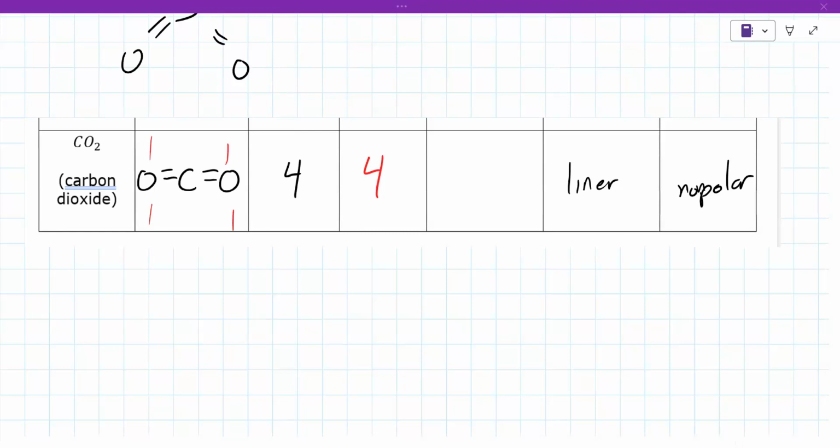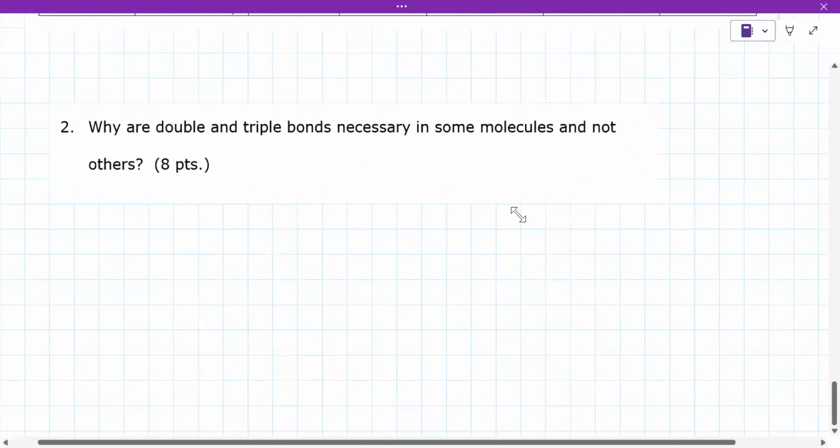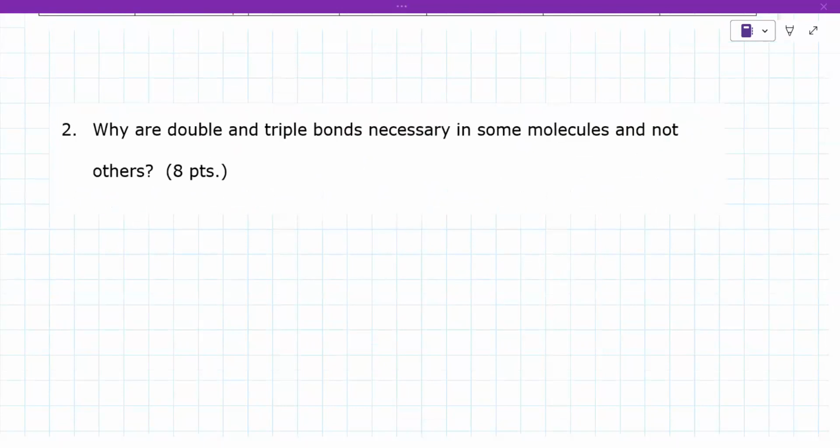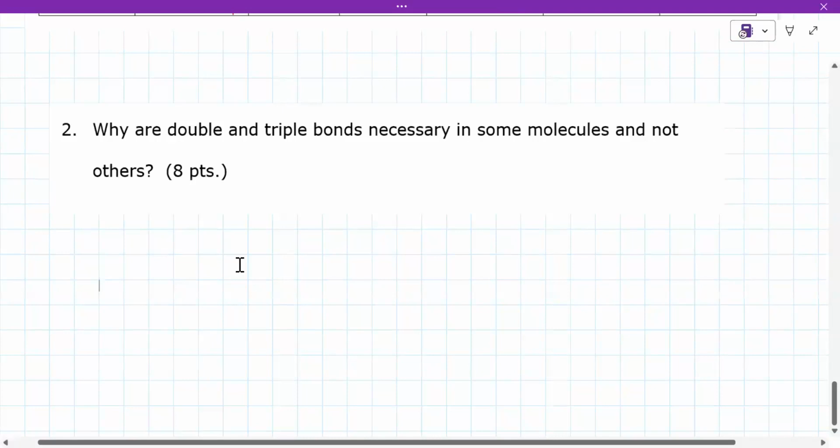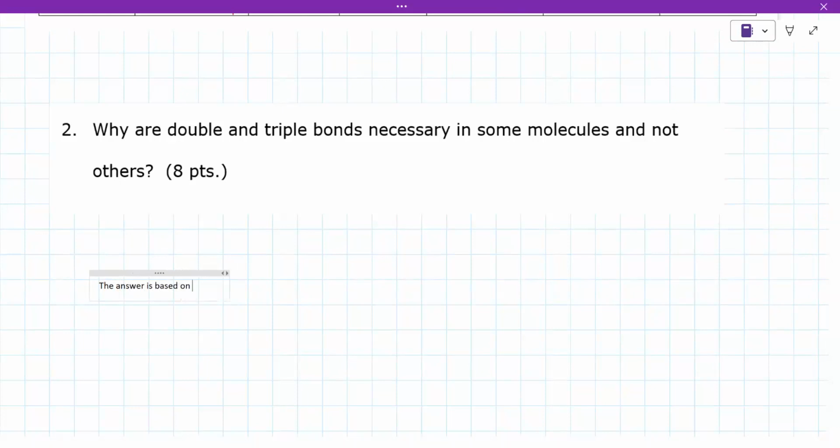Why are double and triple bonds necessary in some molecules? Yeah, so we saw a few examples of that, and it really comes back to the charges and the valence electrons. So let me just type an answer here. The answer is based on having enough valence electrons to fill the outer shell.